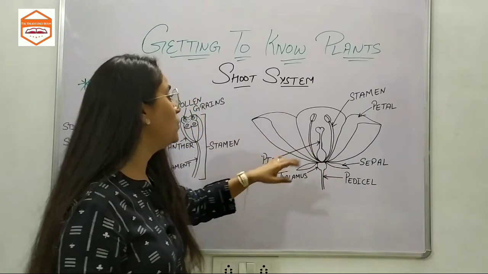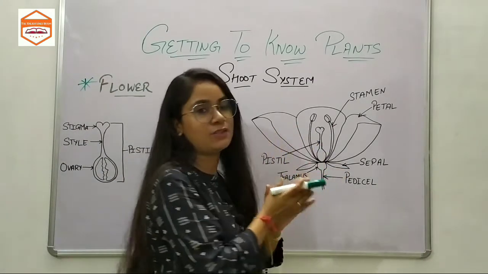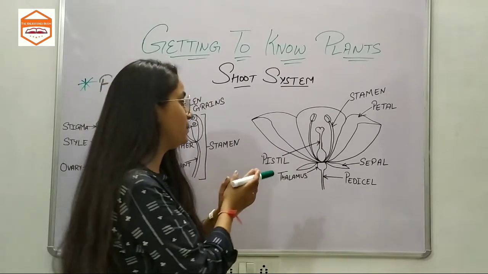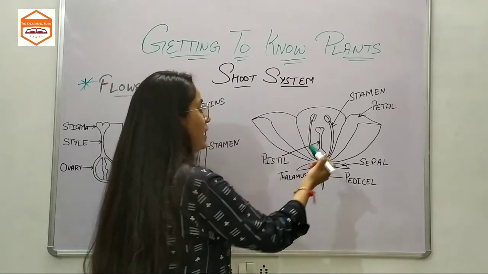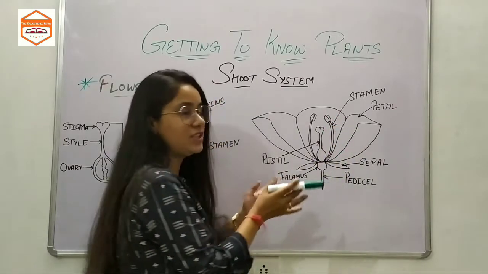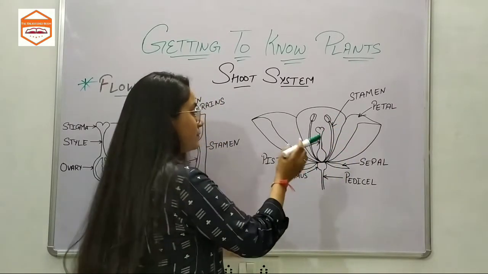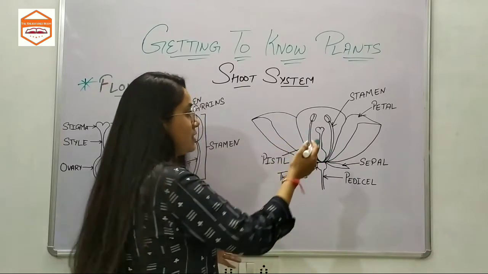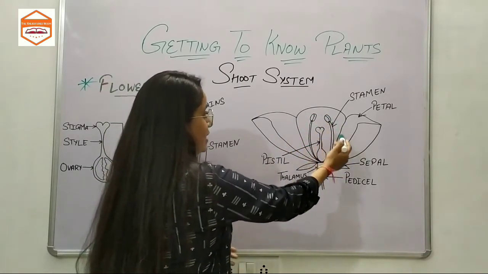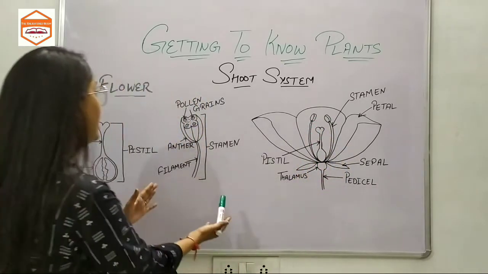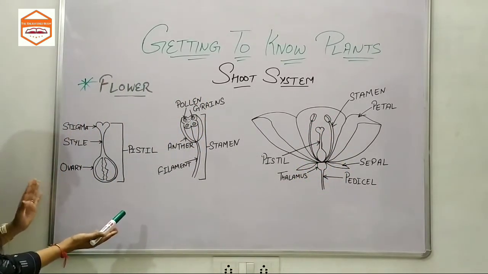Okay, now in the inner part of the flower we have some major and important components. Just inside the petals, at the center of the flower, you would see these kinds of structures. I have made those structures here.